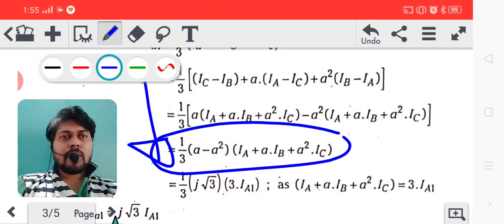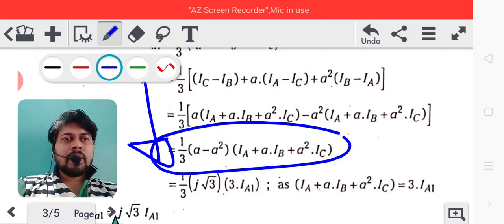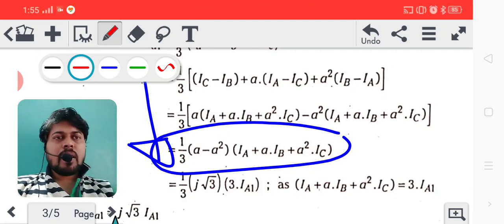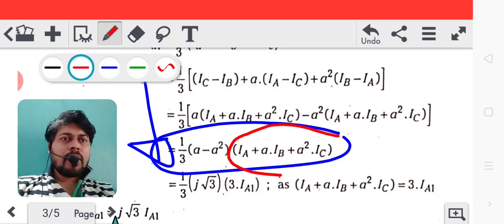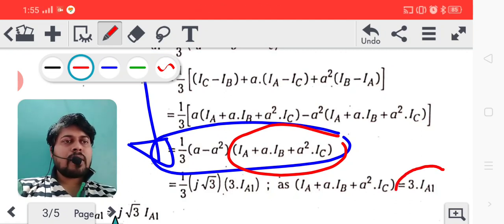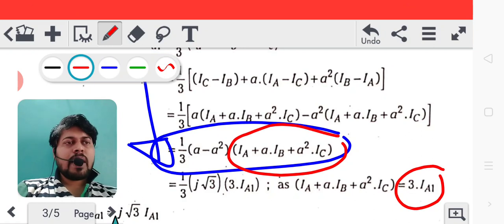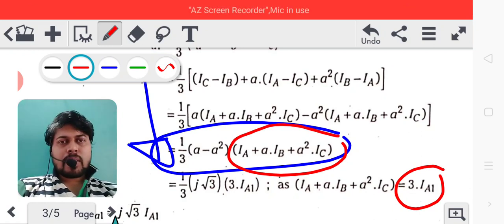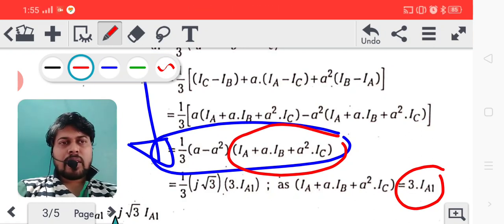1 by 3 into (A minus A square) into (IA plus A IB plus A square IC). Here, in place of IA plus A IB plus A square IC, I can substitute 3 into IA1, where I know that IA1 equals 1 by 3 into (IA plus A IB plus A square IC).